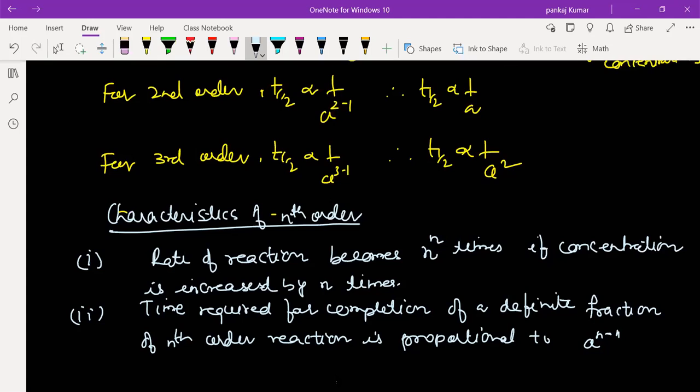It will be 1 by a to the power n minus 1, okay, or we can write here a to the power 1 minus n. We can also write now time is proportional to a to the power 1 minus n, or we can write here a to the power n minus 1.